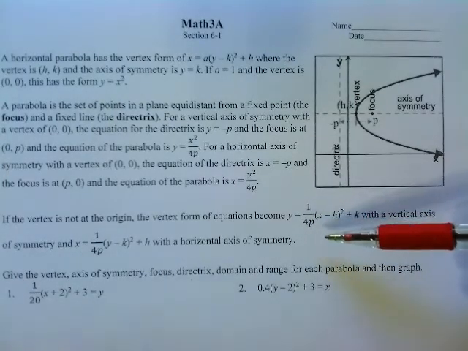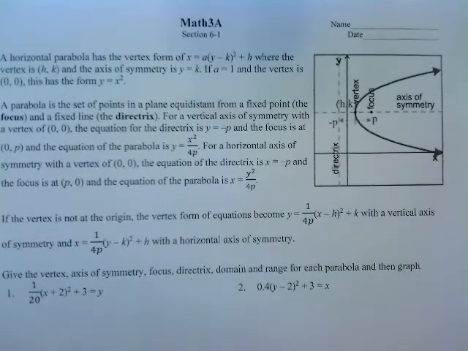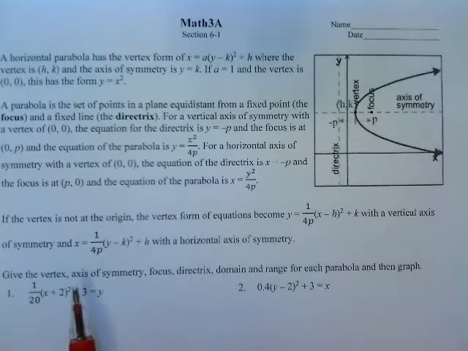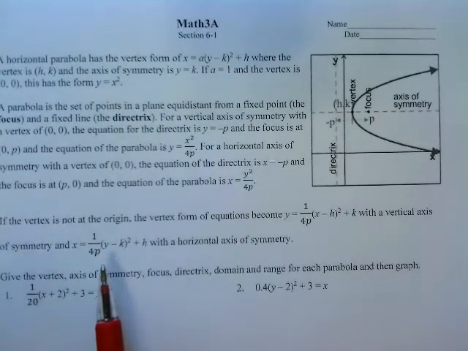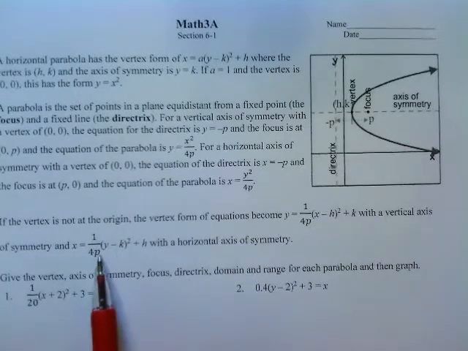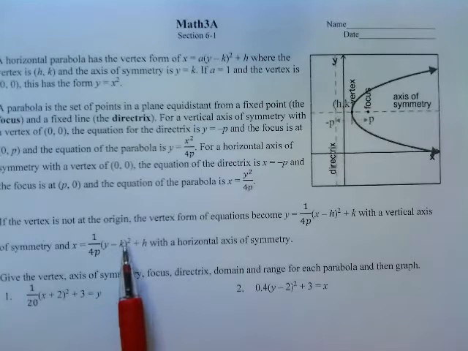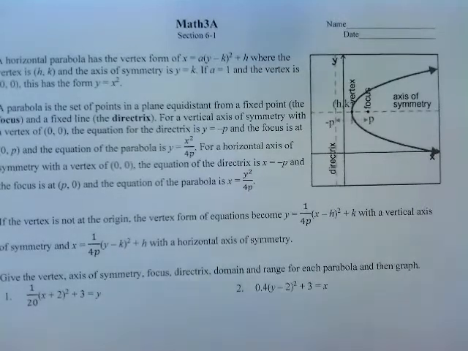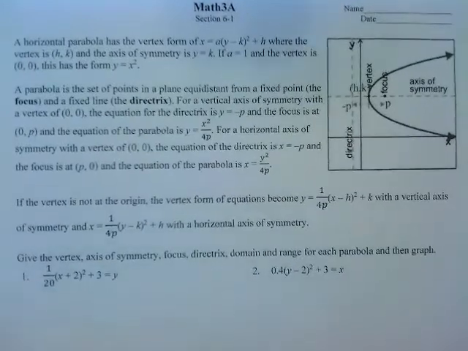And so the focus would not have been very far from the vertex in that case. And then if we want a parabola that opens left or right, in other words, it has a horizontal axis of symmetry, we just switch the x and y. It's x equals 1 over 4p times (y minus k) squared plus h. So that's the basics of this first section.